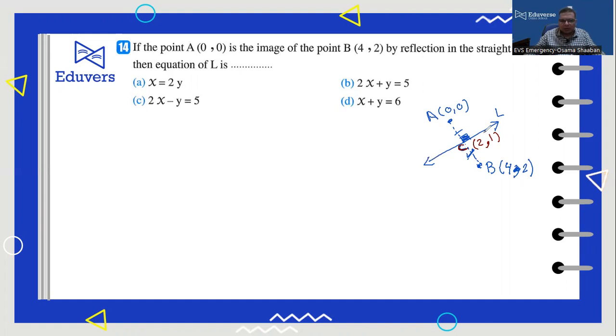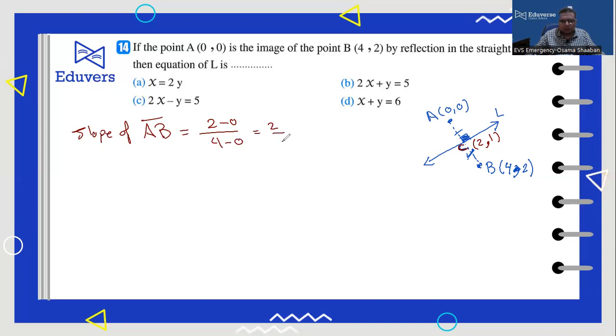To get the equation of the line L, I need the slope and a point. I have the point now. Where is the slope? The slope of line L is the negative reciprocal of the slope of AB, since they are perpendicular. The slope of AB, you studied before, is y2 minus y1 over x2 minus x1, which is 2 minus 0 over 4 minus 0.